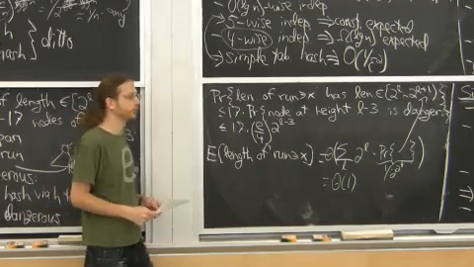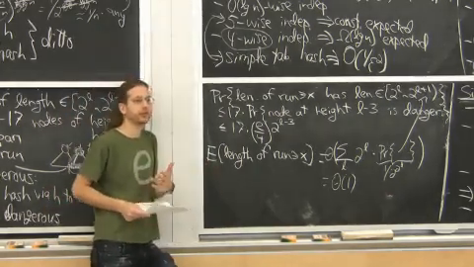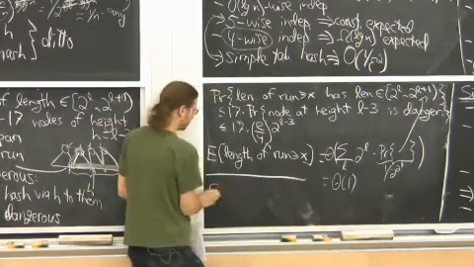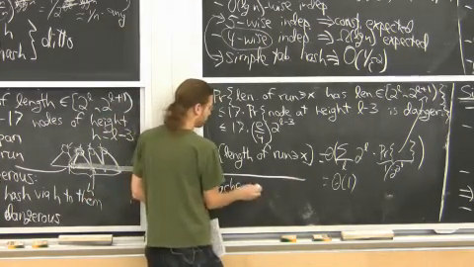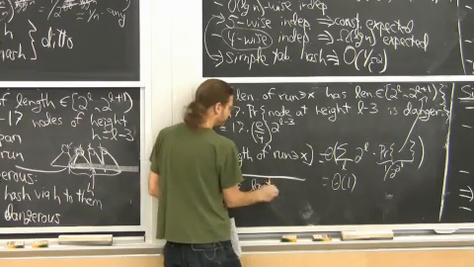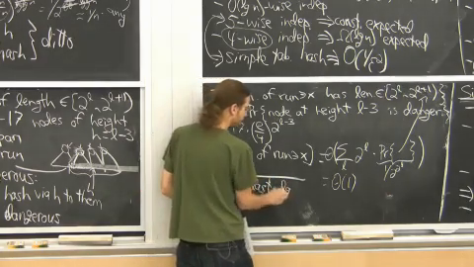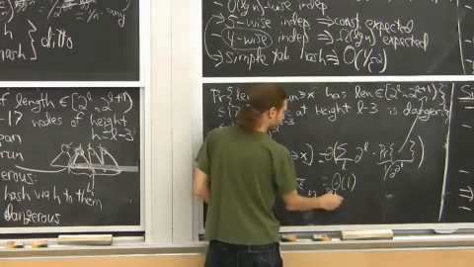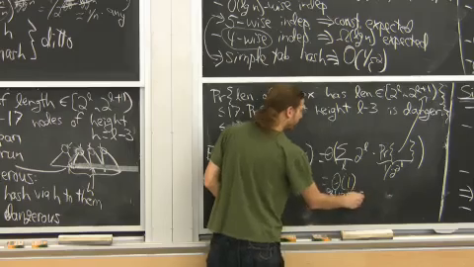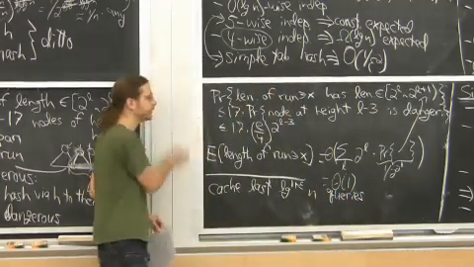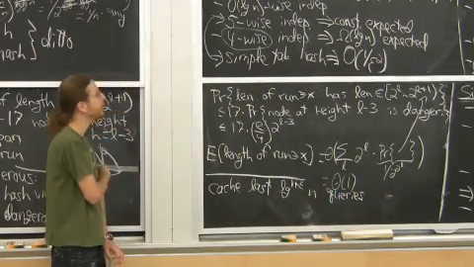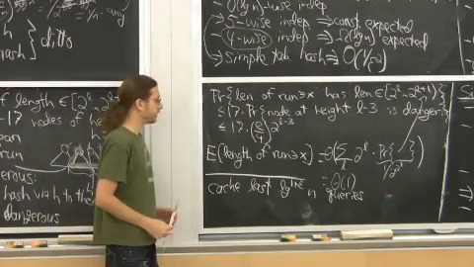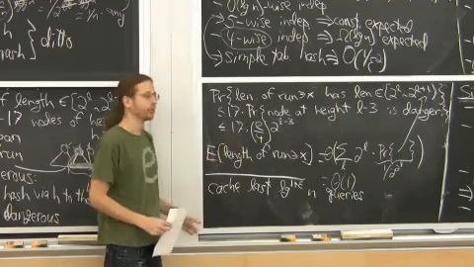But if you cache the last, it's not quite enough to do the last log n, but if you cache the last log to the 1 plus epsilon n queries, so a little bit more, then you can generalize this argument. And so at least for totally random hash functions, you get constant amortized with high probability.